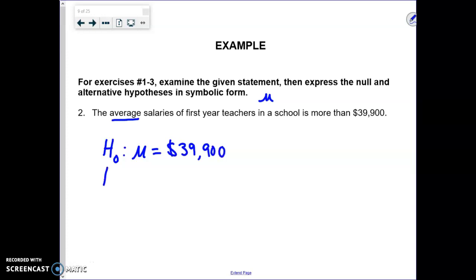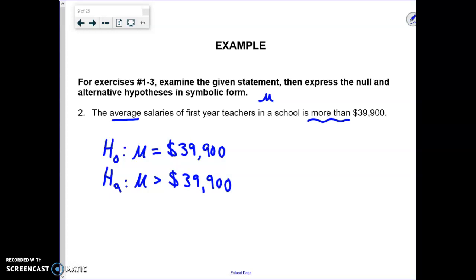So how do we set up the alternative? Well, it's based on the claim, which is that it's more than that. So the alternative is that the mean teaching salary is greater than $39,900. See, this isn't too bad once you get the hang of it. And that's all you need to write down.